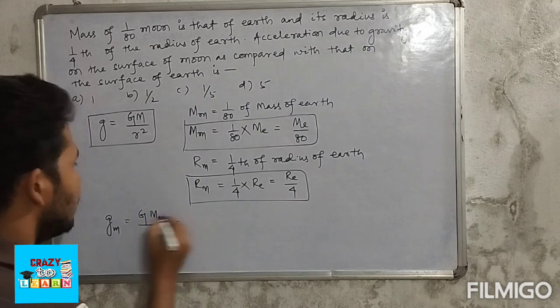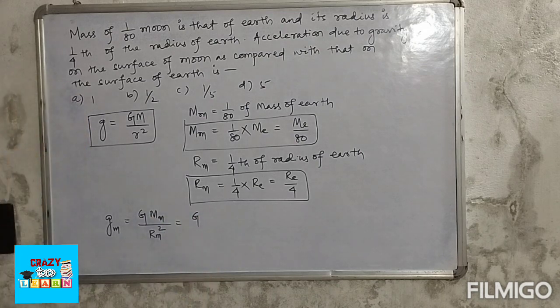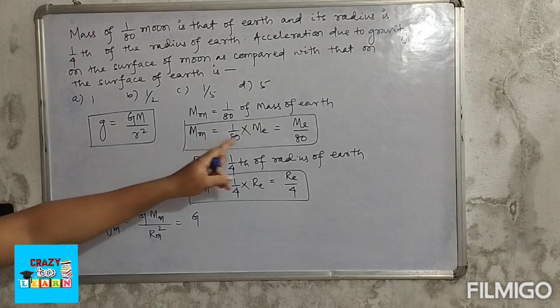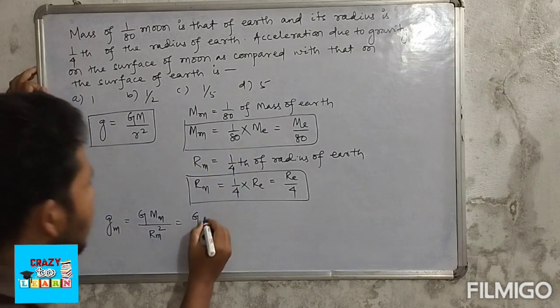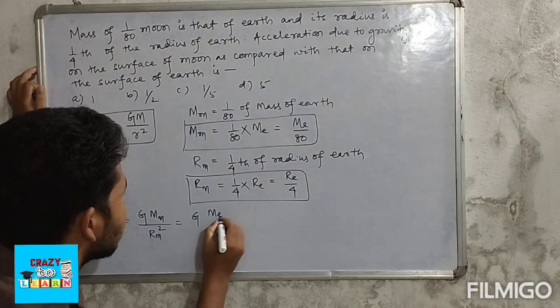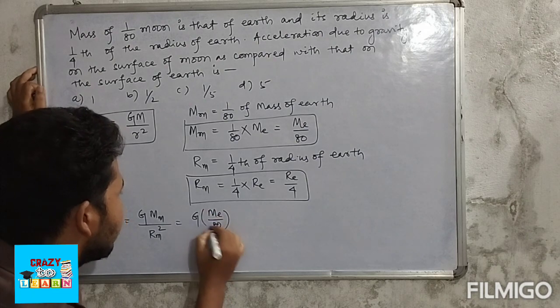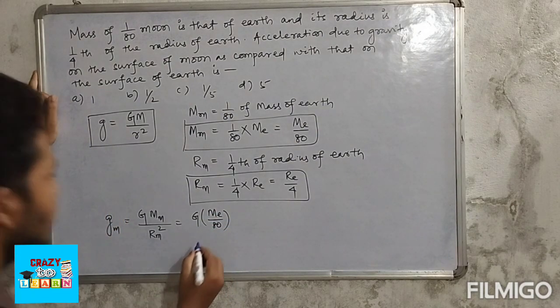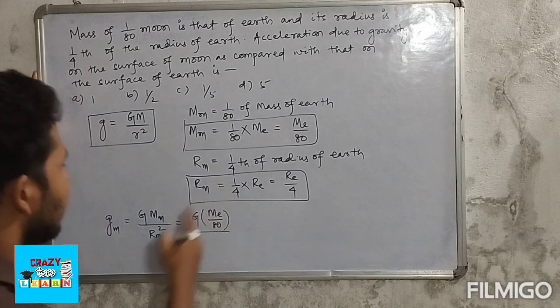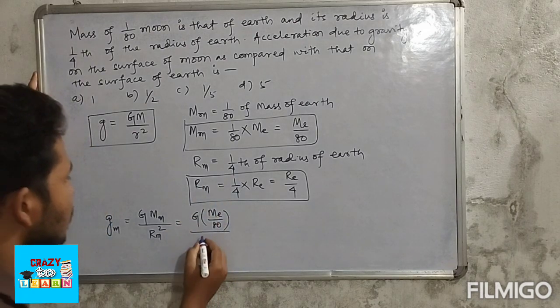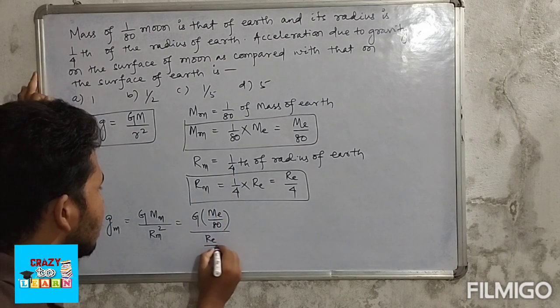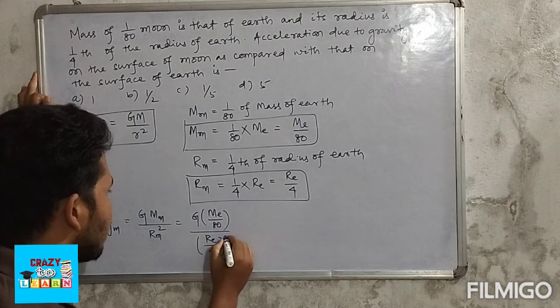Then the universal gravitational constant is constant, the mass of the moon is the mass of the earth divided by 80, then divided by the radius of the moon, which is the radius of the earth divided by 4, whole square.